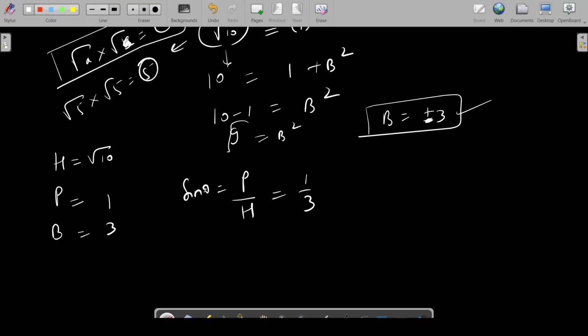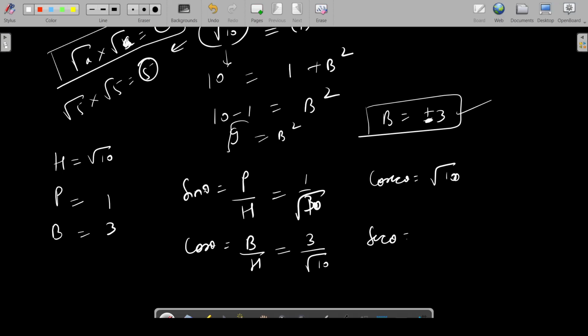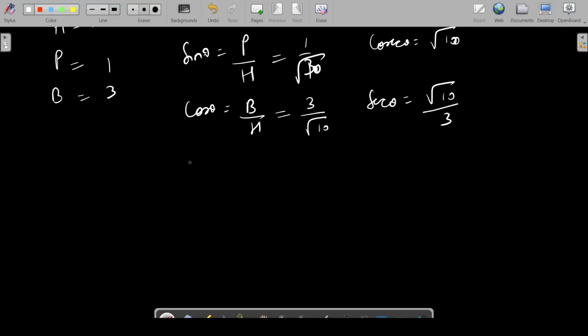We know cosec theta is just the reciprocal, so cosec theta is root 10. Let me go with cos theta, base upon hypotenuse, so 3 upon root 10, and sec theta is root 10 upon 3, just the reciprocal.